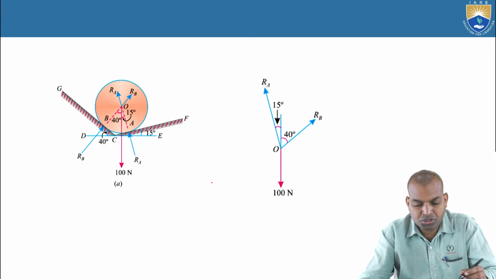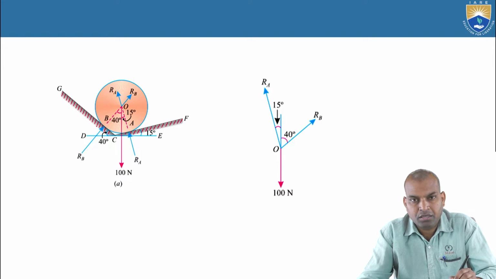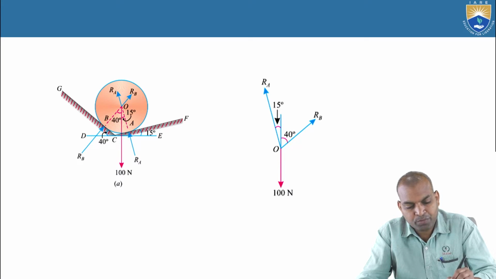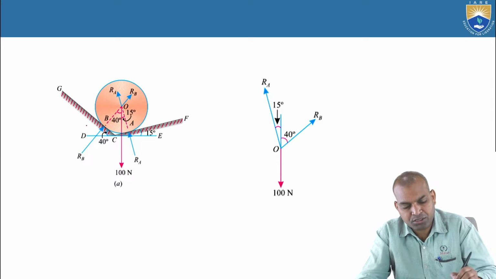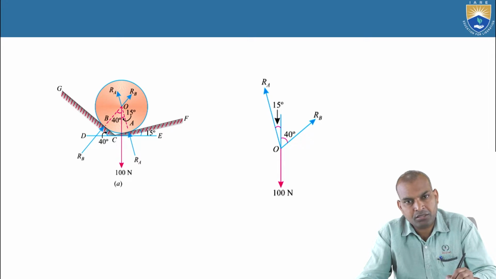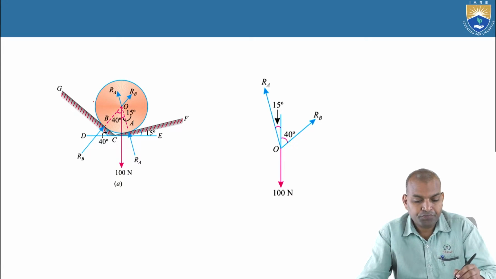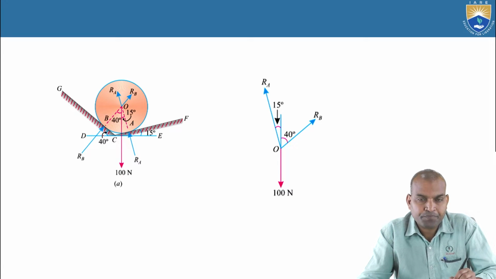The next one, how to start? Now, these are the equations. By using the law of transmissibility of forces, the effect will be the same even though the force is acting elsewhere; the reaction passes through that RB. Now, the angle it makes: there are two normals.